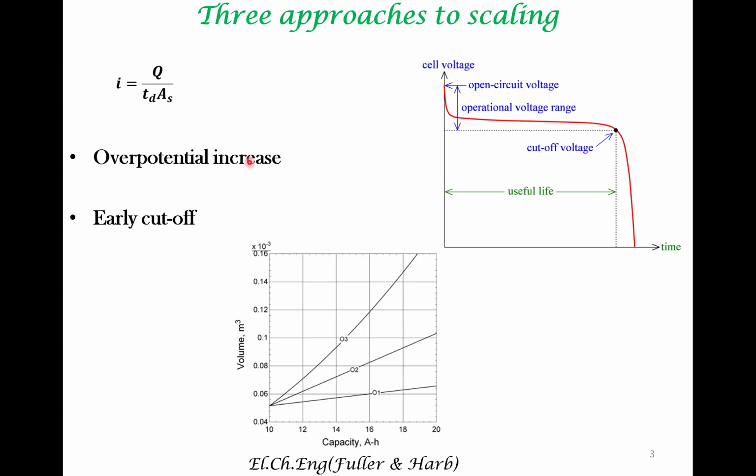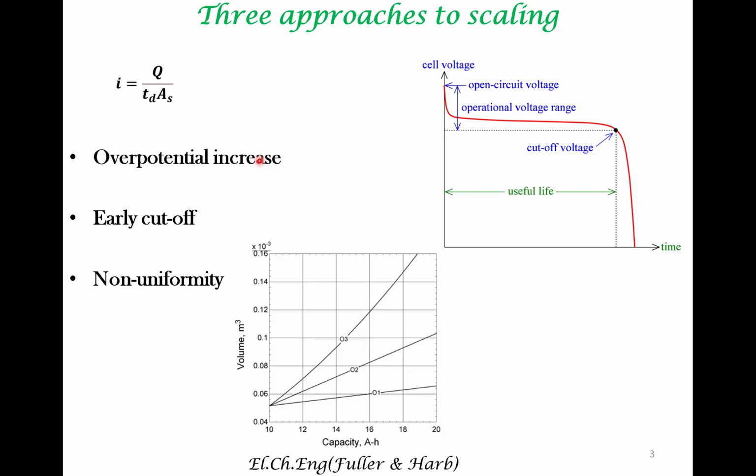So if we increase the overpotential because of the constraints associated with option 1, I may reach the cutoff voltage more quickly. So this is quite undesirable. This option does not look all that great with respect to how quickly I would reach the cutoff voltage.